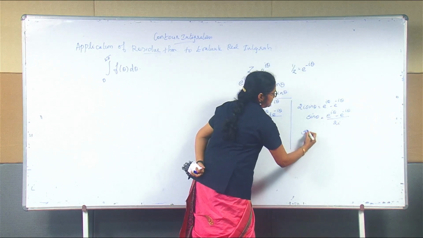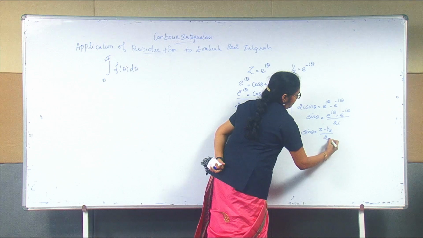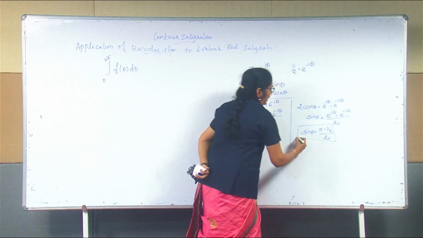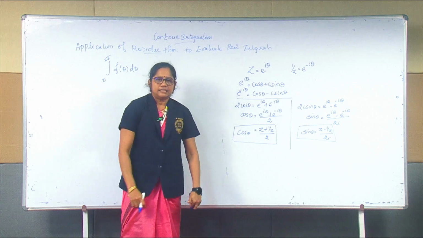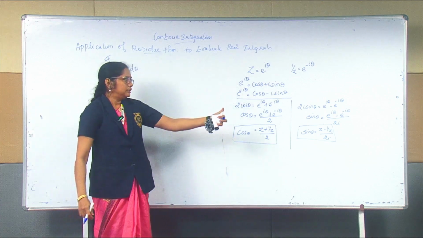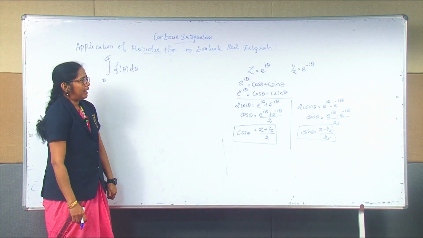Replacing, sin theta is z minus 1 by z, by 2i. So in our question, if cos theta is there, we replace it with z plus 1 by z by 2, and sin theta with z minus 1 by z by 2i.